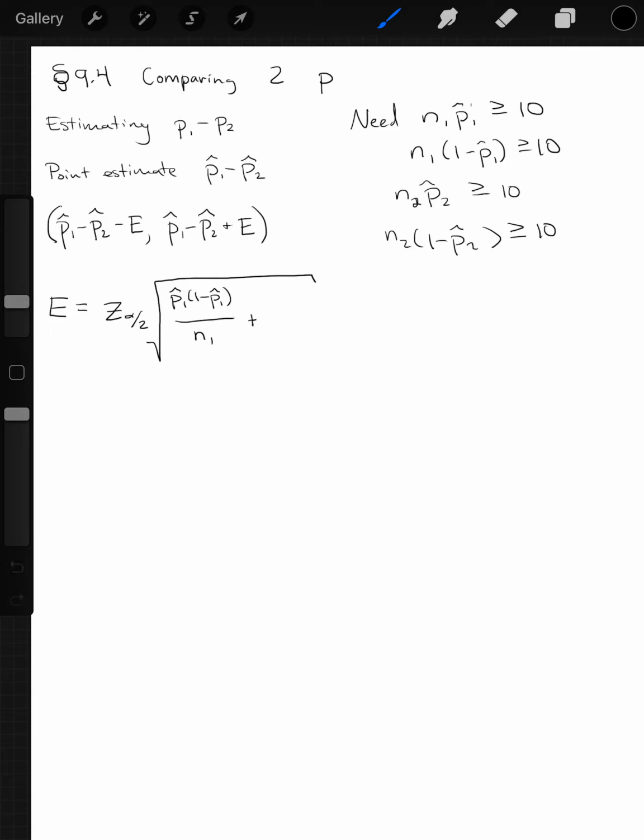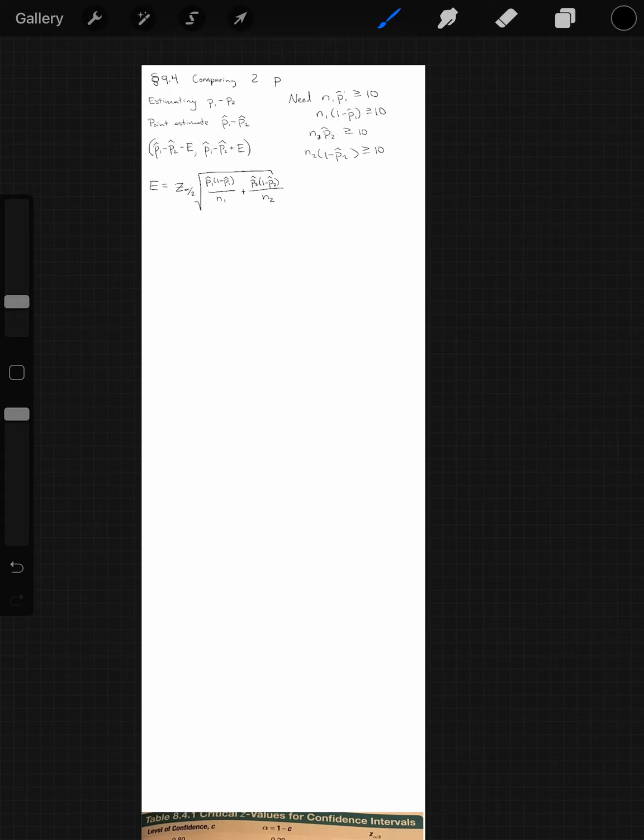That's what we had before. We're just going to do it twice and put both of them under the same square root, and then multiply that by z sub alpha over 2.